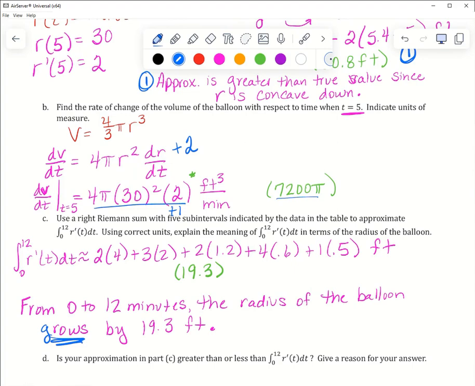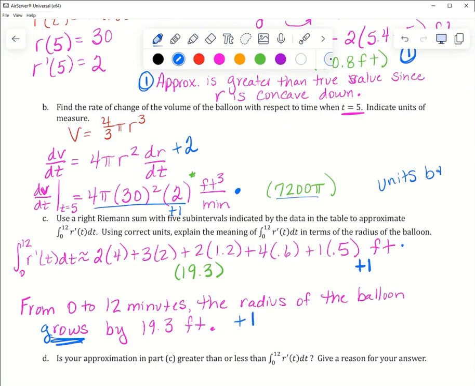Now, what are the points? You got 1 point for this approximation, and 1 point for this explanation. Then, as I graded this, there was a units point on B and C being in feet.